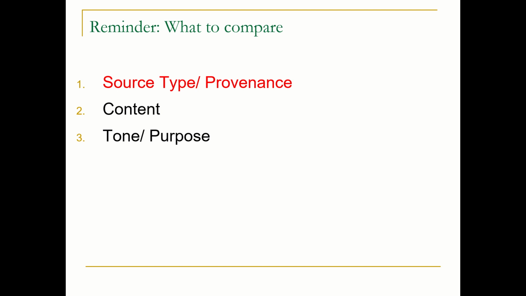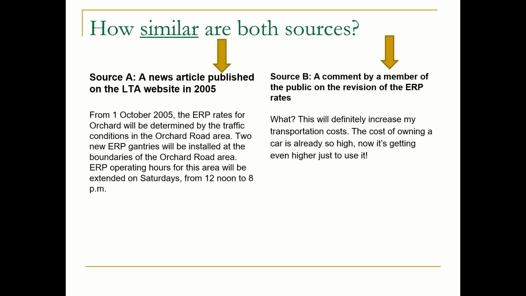Let's start off with low level comparison, our safety net, where you are taking a look at source type or provenance. If you cannot remember what provenance is, provenance is essentially the caption of the source, which I have arrowed out here. So all the details next to the word source A, word source B, the details there, that is the provenance.